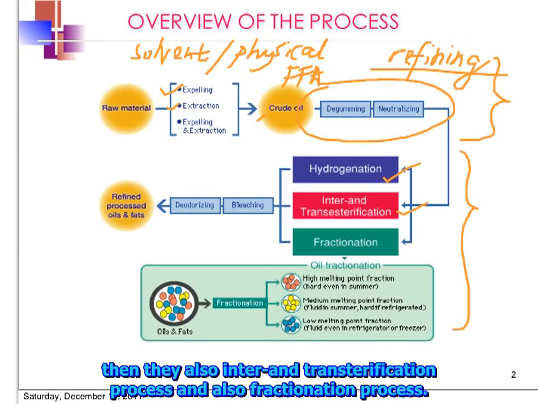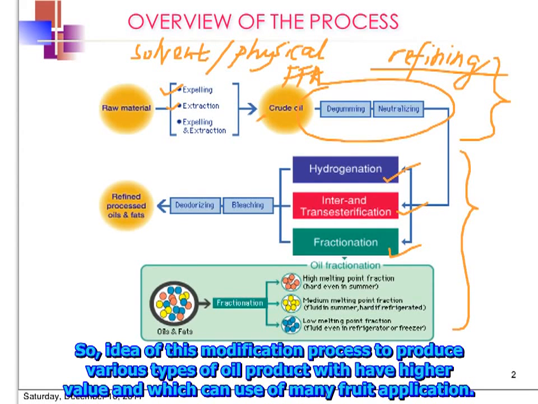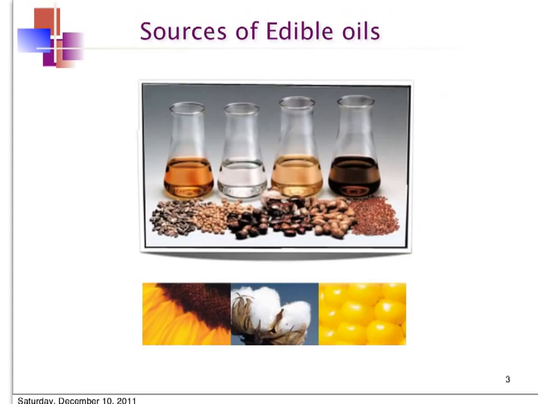Then there is also the interesterification process and also the fractionation process. The idea of modification is to produce various types of oil products which have higher value and which can be used for many food applications.